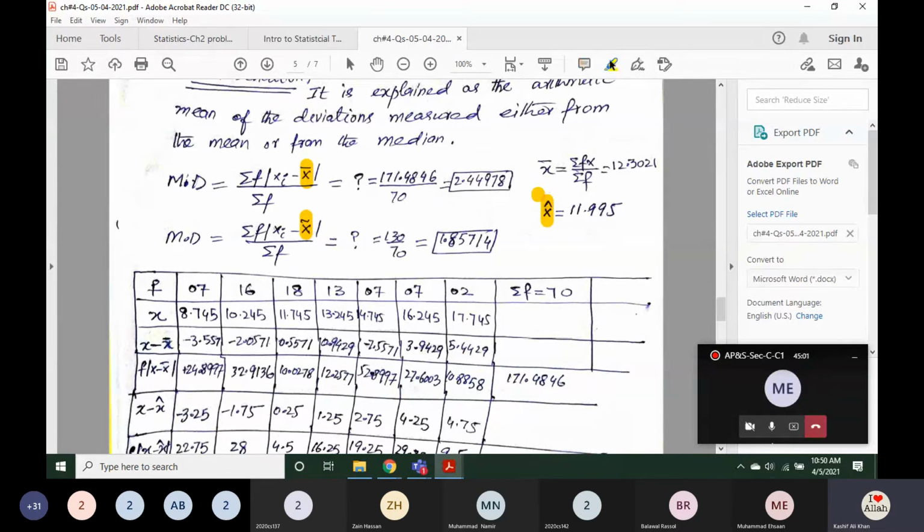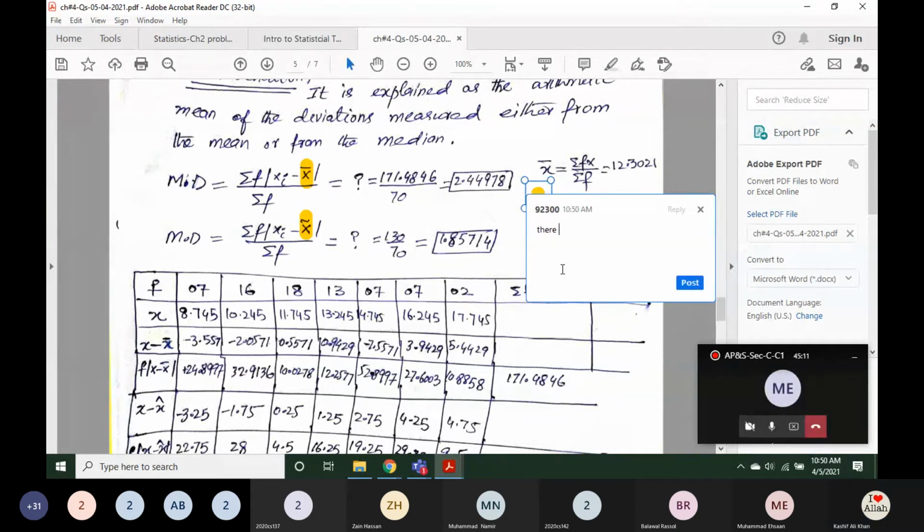So please hold. There should be median notation.